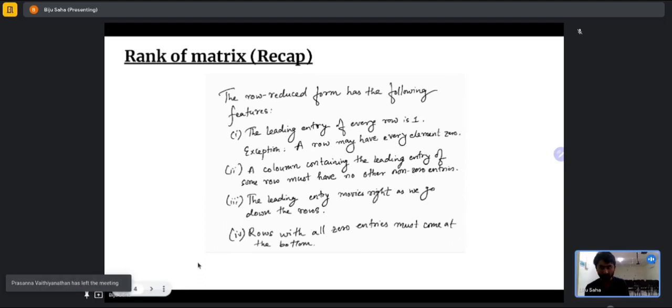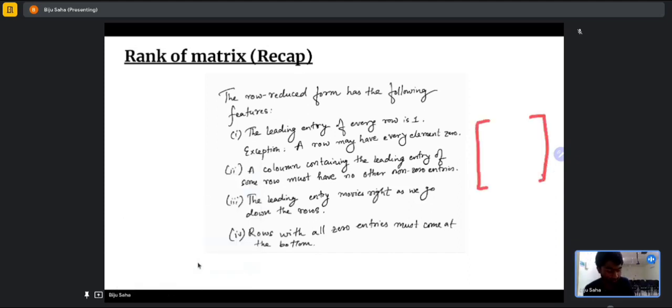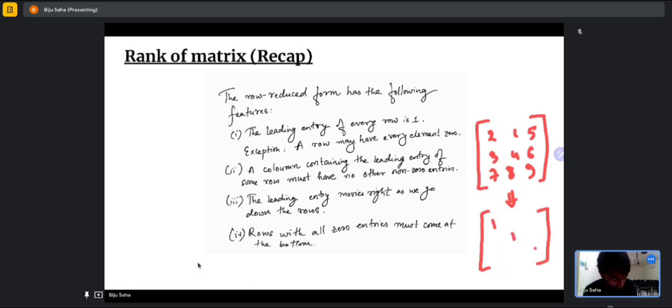Given, let's say, a 3 cross 3 matrix, reducing it to row reduced form means that the leading entry of every row is 1, and all other entries in the columns containing a leading 1 are 0.